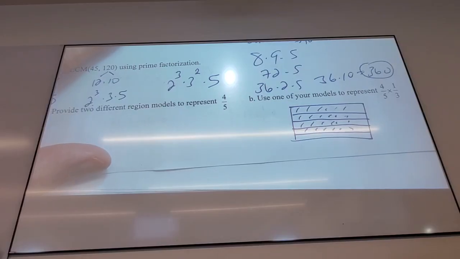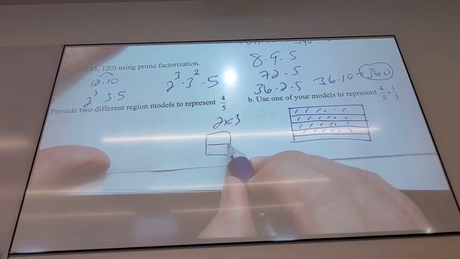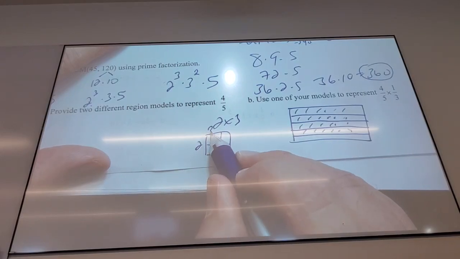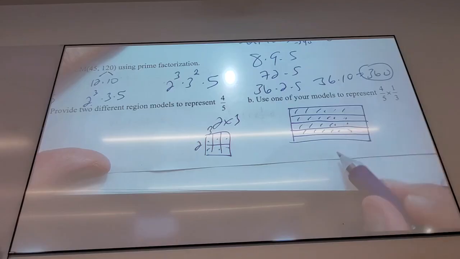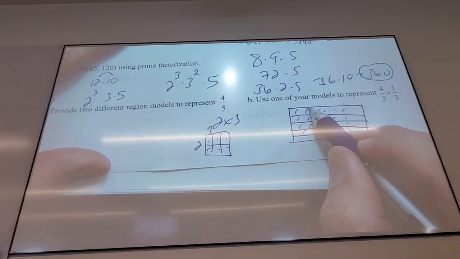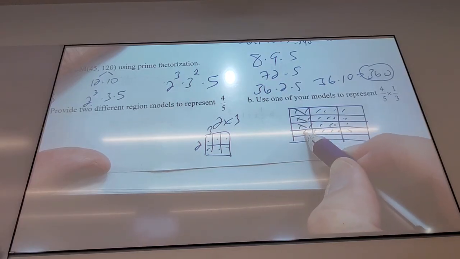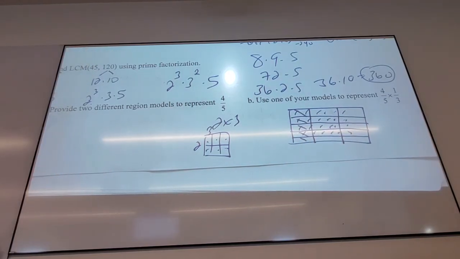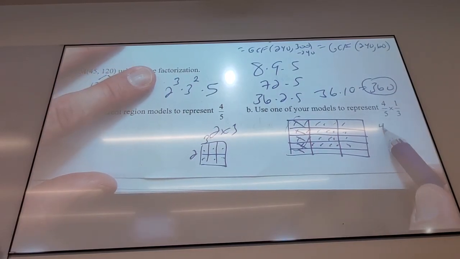Now how do I multiply that by 1/3? So now across this way I'm gonna break it up into thirds. And I'm only gonna shade one of these in, yes? How many are double shaded? 4. Out of how many total? 15.